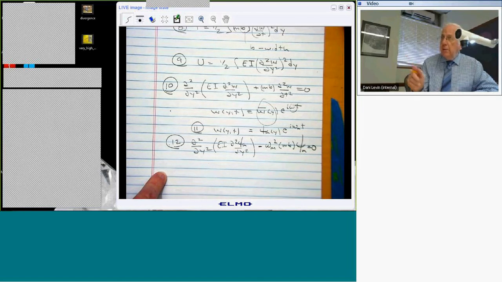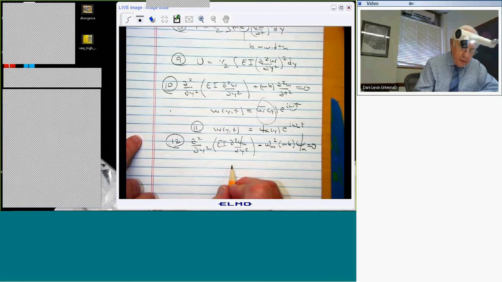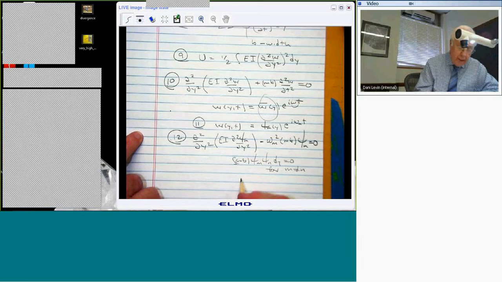I think we did that already. So orthogonality is, in this case, the integral of m_b psi_m psi_n dy is 0 for m not equal to n.